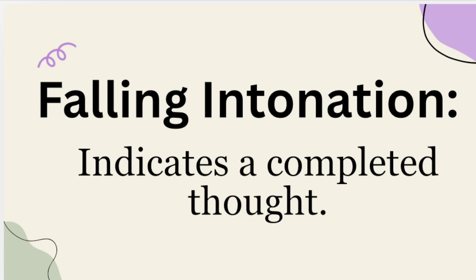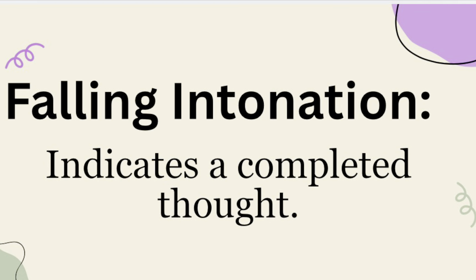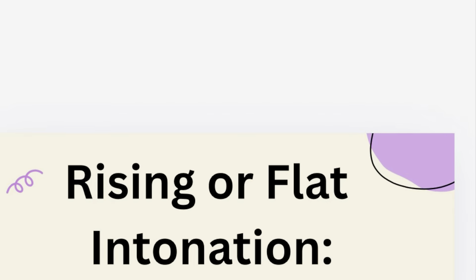So the basic idea is in English, thoughts are completed with falling intonation. And if you're still talking, you're either going to do a rising intonation, or sometimes it is okay to do a flat intonation with a falling at the end.